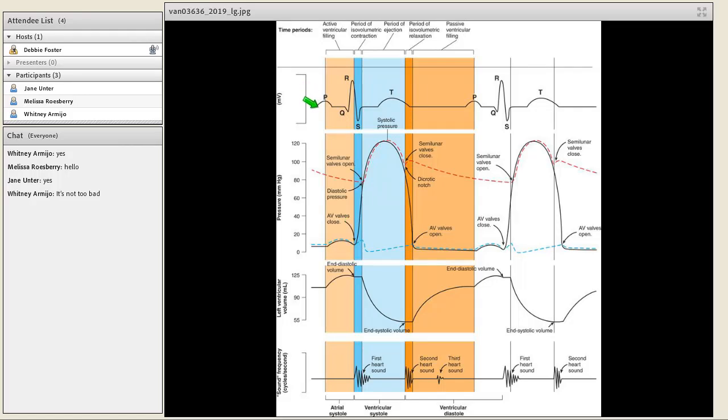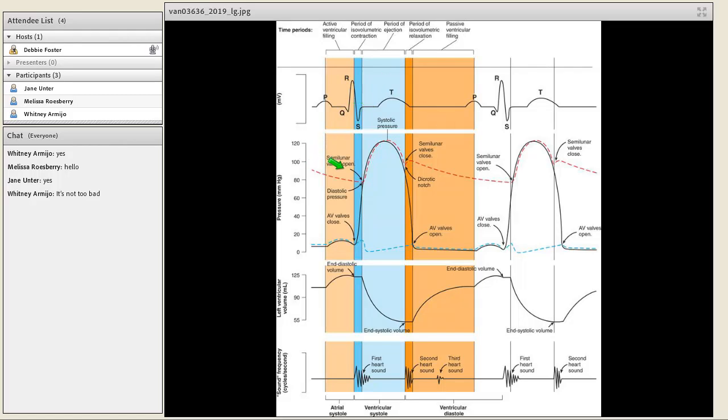So the electrical activity happens slightly before, and then the contraction happens. Contraction of the atria, contraction of the ventricles right here in this blue part. Then relaxation of the ventricles happens right here, and the relaxation of the atria happens here as the blood's being ejected. So repolarization here, relaxation of the actual muscles of the atria here.